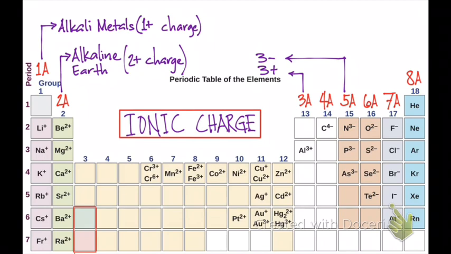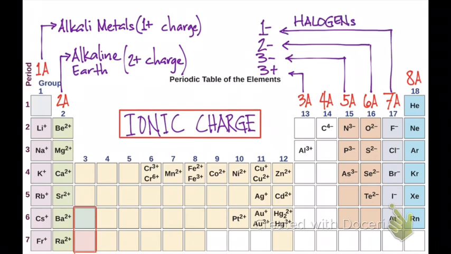And so nitrogen, phosphorus, and the elements right below that will have a negative 3 charge. Group 6 elements like oxygen and sulfur tend to have a negative 2 charge. Again, they tend to gain electrons in order to become isoelectronic with the next noble gas. Fluoride ion, negative 1, and then the group 8 elements tend to have 0 charge. They're neutral.